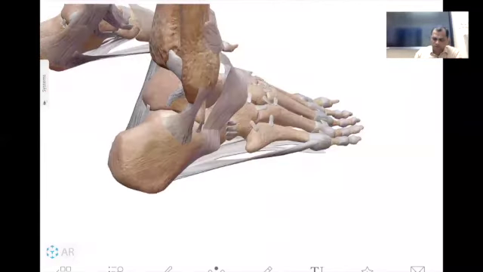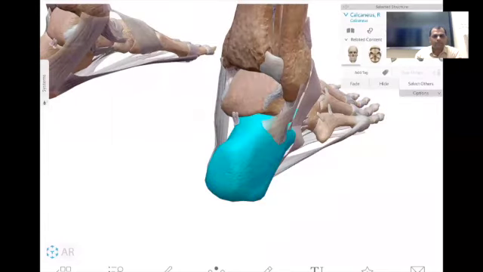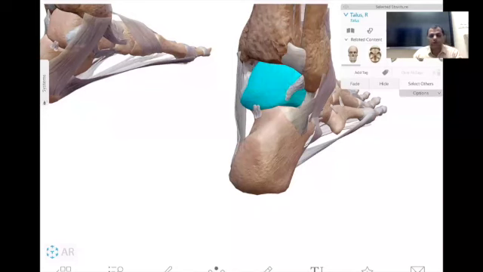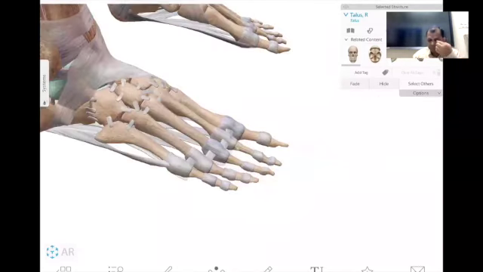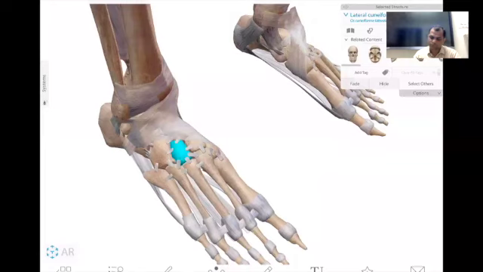In the ankle joint only, we have 7 bones: calcaneum, talus, and the 5 other bones on the front side. We can see here the other bones like cuboid, cuneiform. This is also cuneiform. In this way, we have a total of 7 bones.